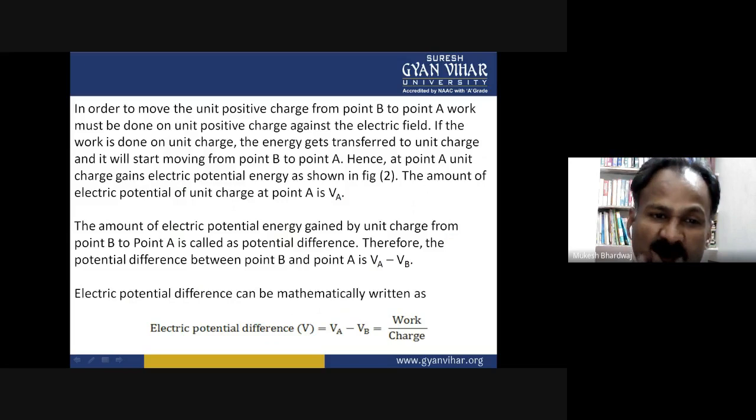The amount of electric potential gained by the unit charge from point B to point A is called potential difference. Therefore, the potential difference between point B and point A is VA minus VB. Electric potential difference V is equal to VA minus VB, equal to work done per unit charge.